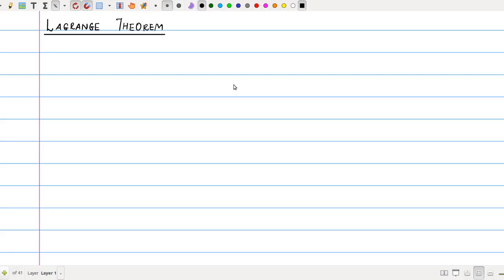Hello, today we discuss Lagrange's theorem. In the last class we have seen examples of cosets and that cosets form a partition. Now we start with the discussion of the cardinality of a coset and the corresponding subgroup. So we start with a group.